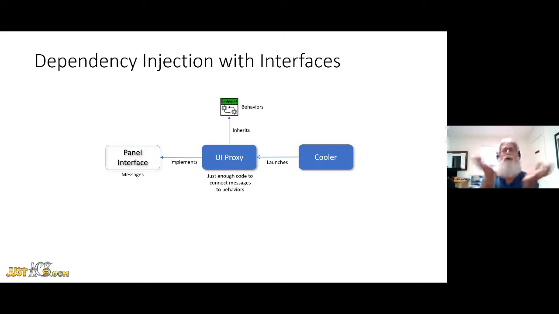The answer winds up looking like this. It is exactly what Stephen talked about. I do still have a UI proxy. I do actually introduce that little actor again, but it is little. All it does is inherit directly, in this application, from my nested endpoint, so it gets all that behavior. It implements, in the case I'm showing you here, the panel interface, so it gets that message set for free.